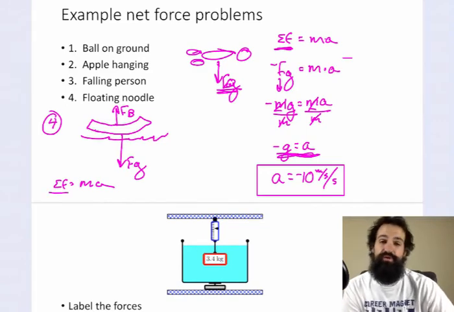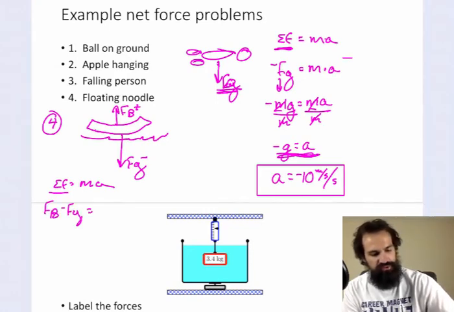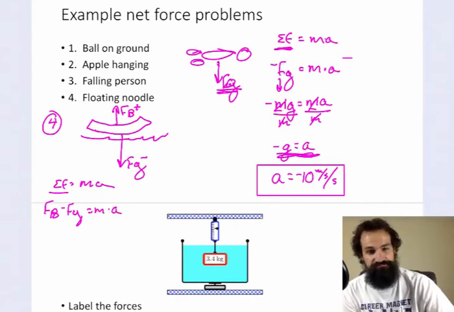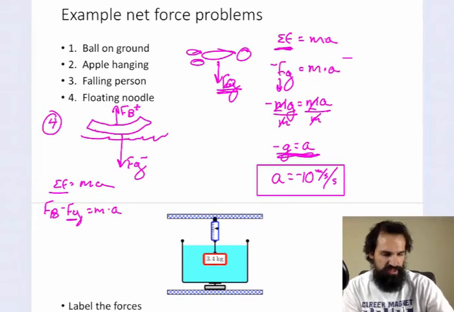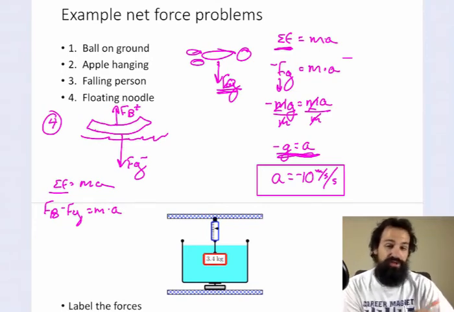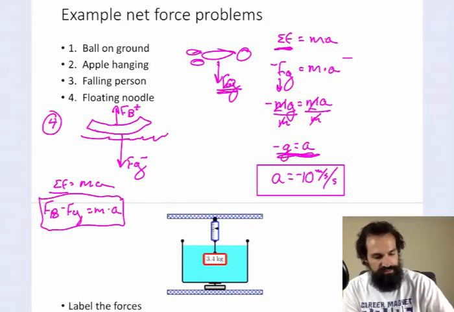Net force is the sum of all other forces. Buoyant force is up, so it's positive. Force of gravity is down, so it's negative. So the buoyant force minus the force of gravity equals mass times acceleration. At this point, you could plug in mg for Fg, but really, we're done here. That's the final equation for number 4.